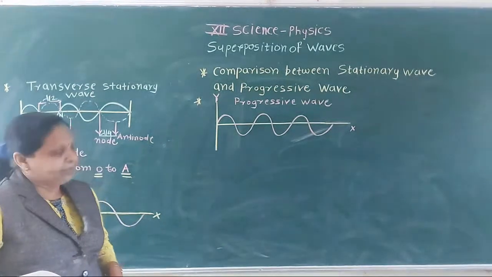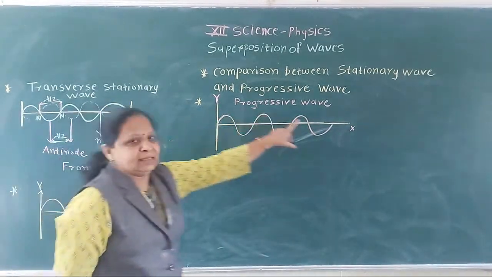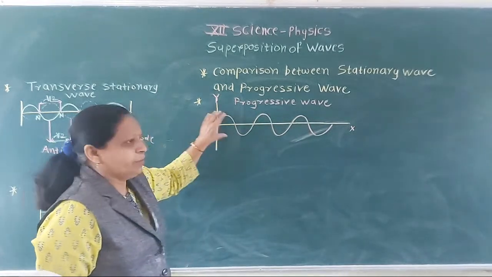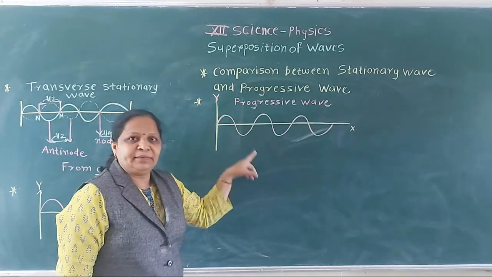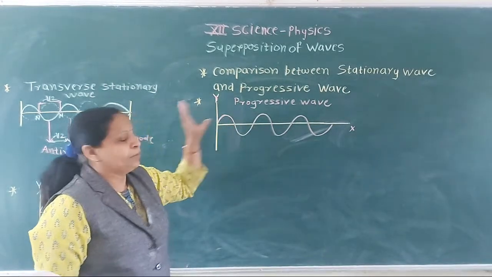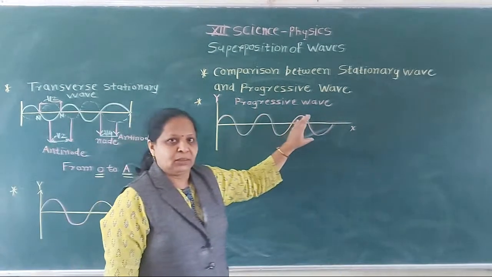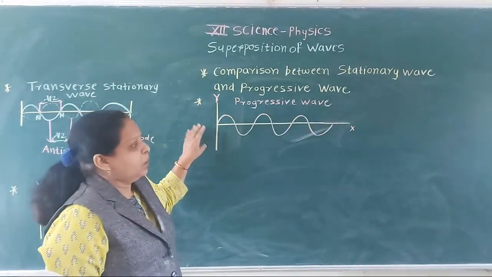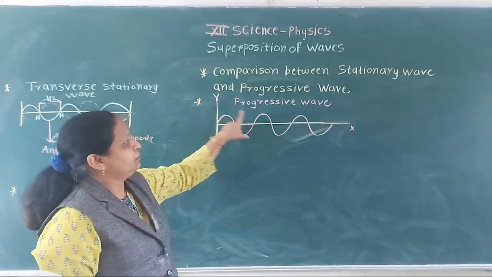So what is the difference between progressive wave and stationary wave? Progressive wave means the wave which travels continuously in the same direction, the oscillating disturbance traveling through a medium with a definite velocity.